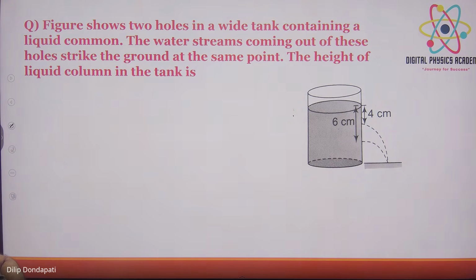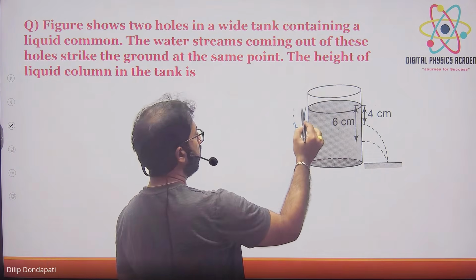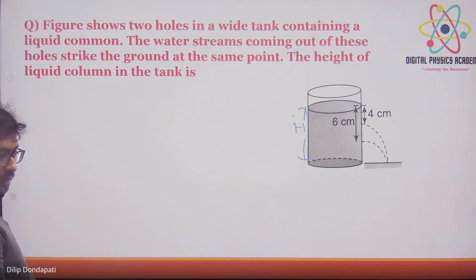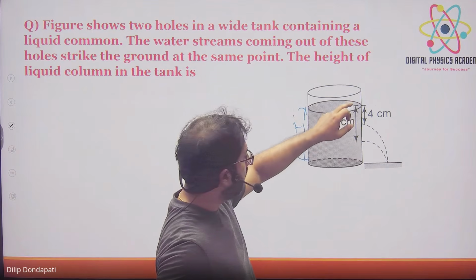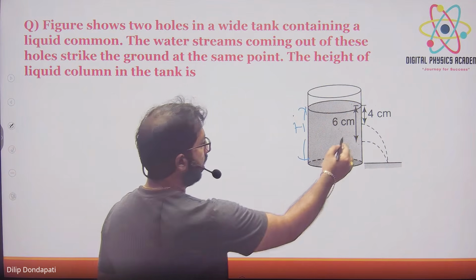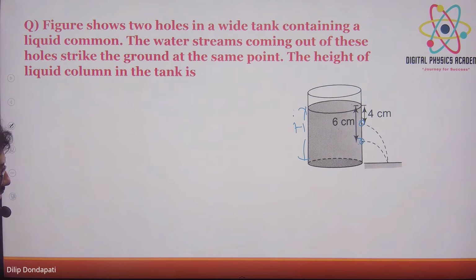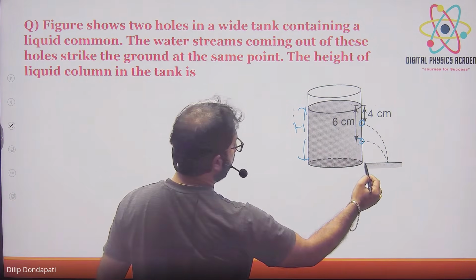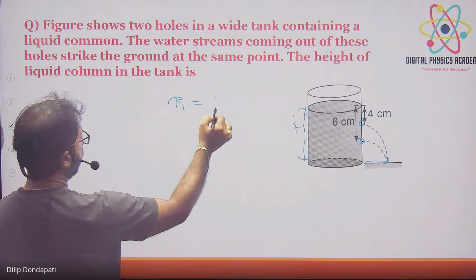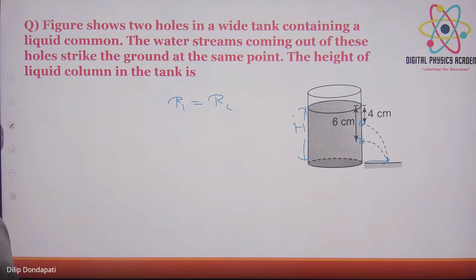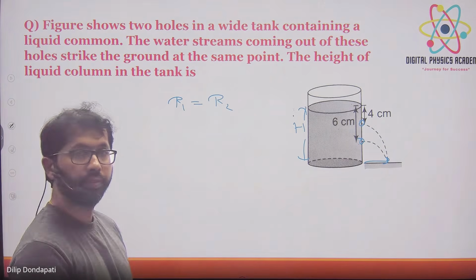The height of the liquid column in the tank is what we need, the total height. The depths of the two holes are given from the surface. Equate the ranges: since both are falling at the same point, the ranges are the same, right? R1 is equal to R2. Sir, 10 centimeters. Yes, 10 centimeters is the answer.